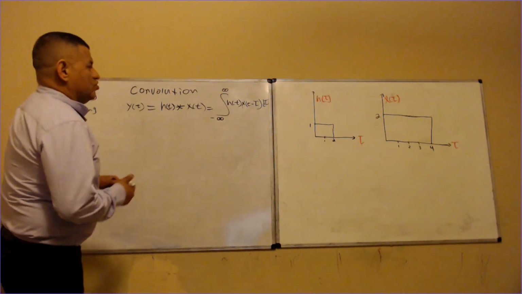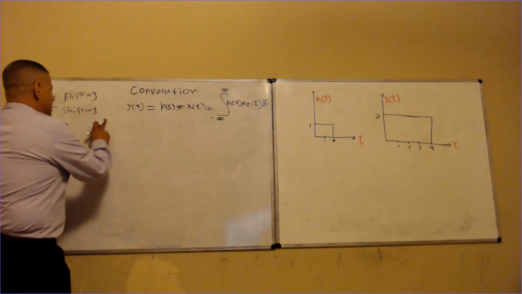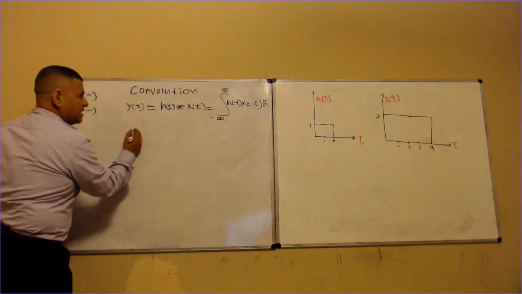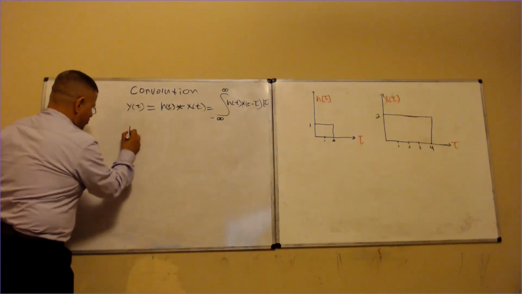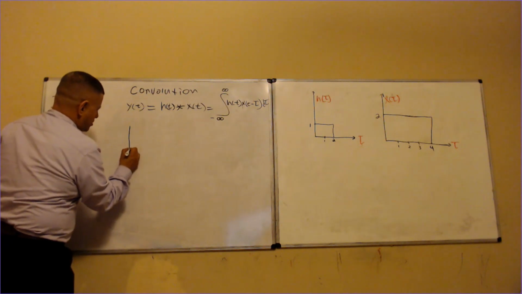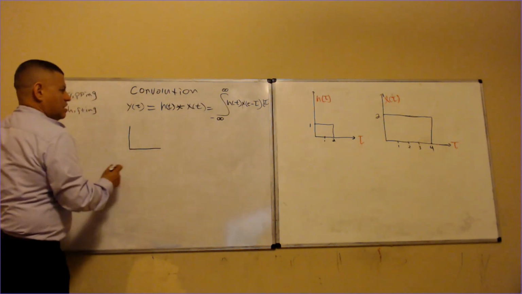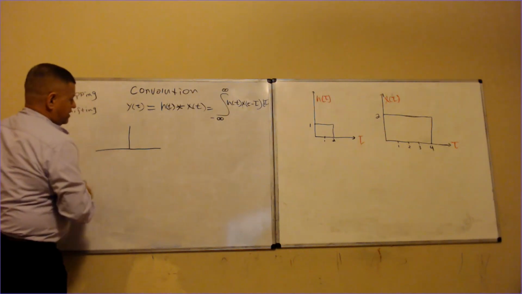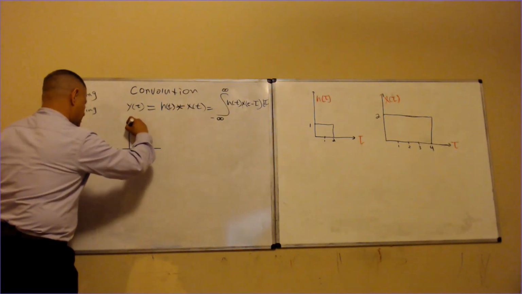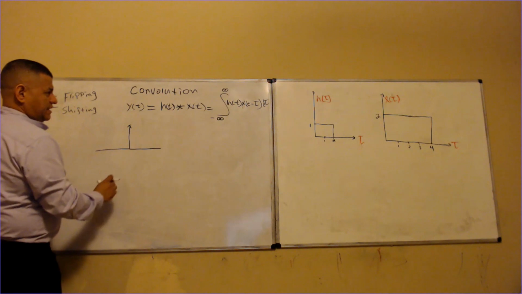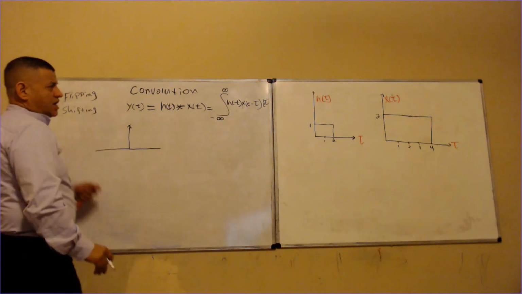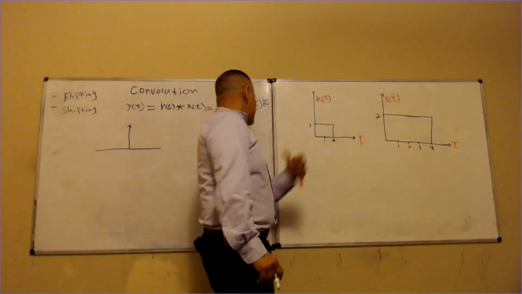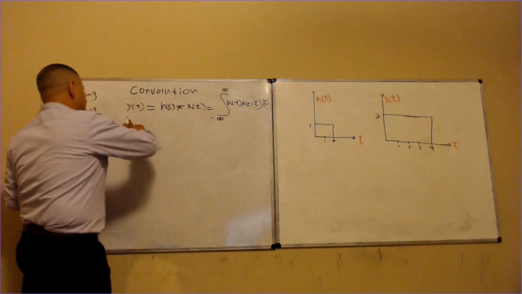In this case, I will be flipping h of tau. So we're flipping h of tau.